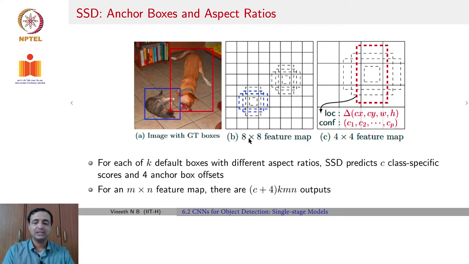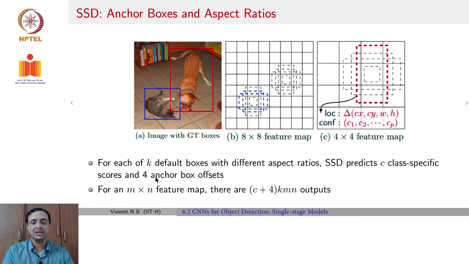In an 8x8 feature map, if you looked at the anchor boxes for each of these grid cell locations, each of these anchor boxes would predict a set of values the way we talked about in the previous slide. So if you had k anchor boxes with different aspect ratios, SSD would predict C class-specific scores plus 4 anchor box offsets.